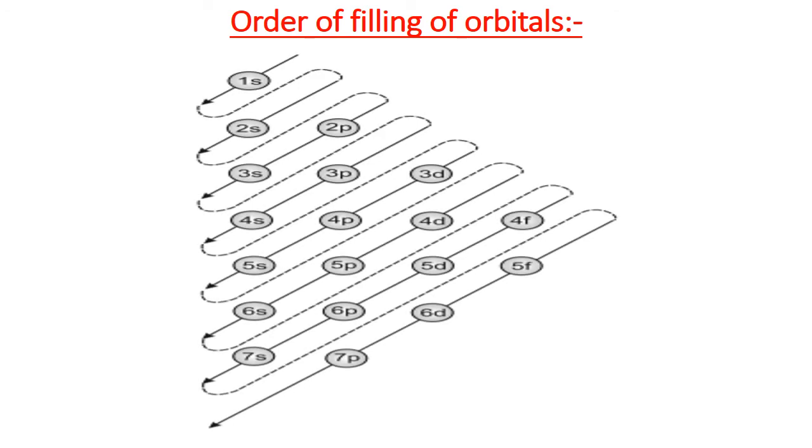This is the order of filling of orbitals. First 1s is filled, and then next 2s, 2p, 3s, 3p, 4s, 3d, 4p, 5s, and then 4d, 5p, 6s, 4f, 5d, 6p, 7s, 5f, 6d, 7p, and so on.